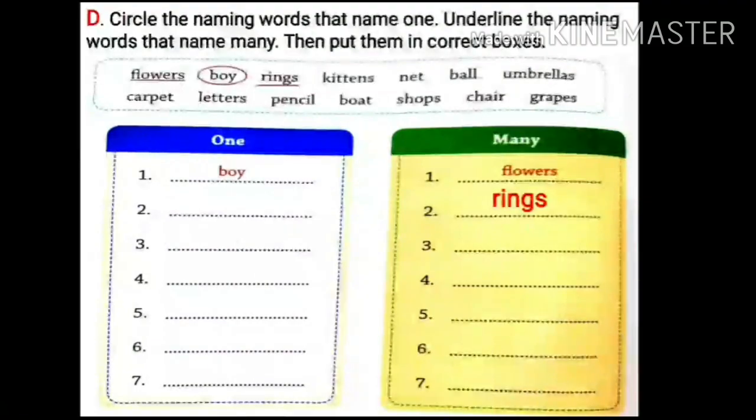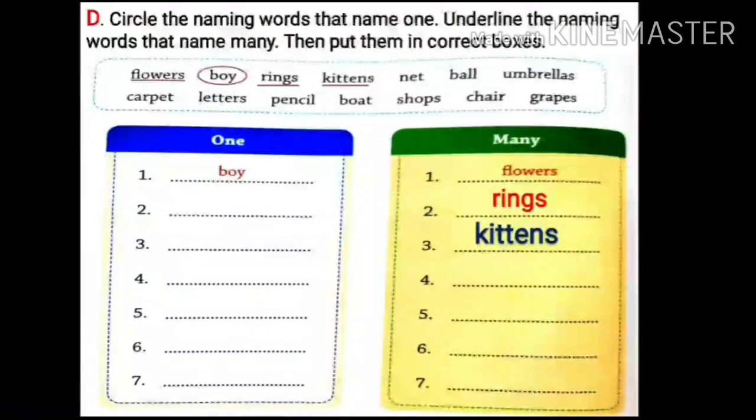Next is kittens. Now kittens means many kittens. So we are going to underline this word. And where you will write this? You will write this under many.